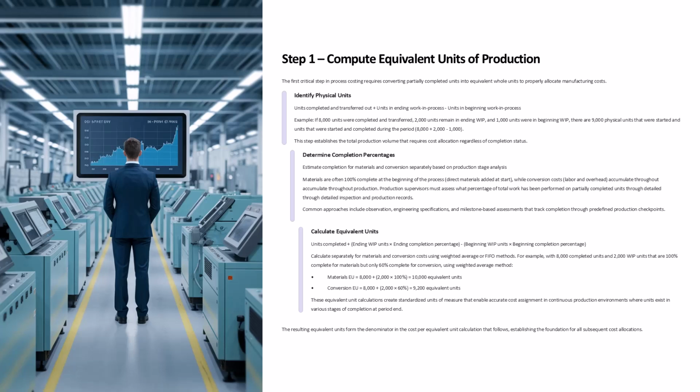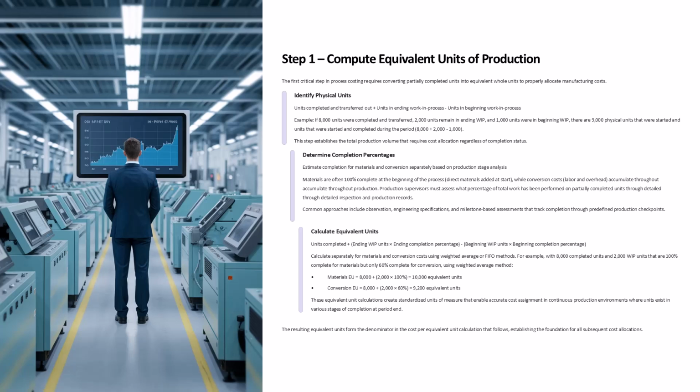This critical starting point combines physical flow analysis with percentage completion estimates to determine how many equivalent units we've produced. Imagine a cereal manufacturer like Post tracking production through its mixing, cooking, and packaging departments, each department calculating its own equivalent units. The formula follows a simple but powerful structure.